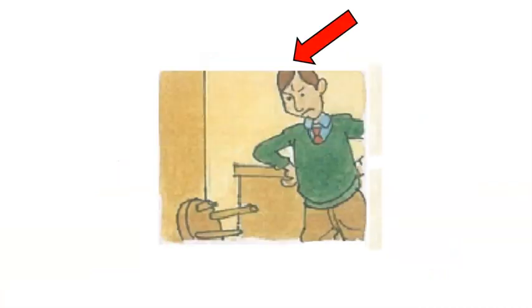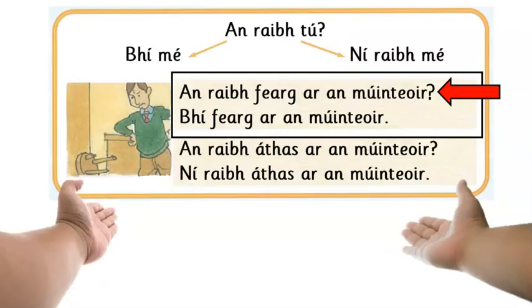So we've got a question here. Look at the múinteoir. This is the teacher, the múinteoir. Tá fearg ar an múinteoir. The teacher is cross. Mar bhris duine éigin an chathaoir. Somebody broke the chair. So let's see what happens. Let's focus on this question here first in the box. Two hands out. An raibh fearg ar an múinteoir? Can you say that?